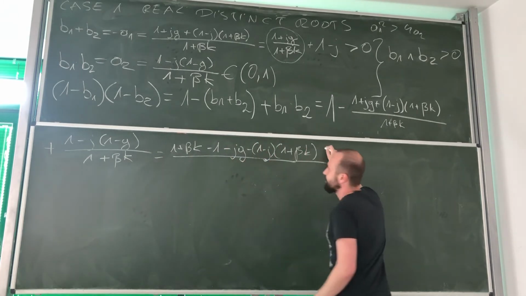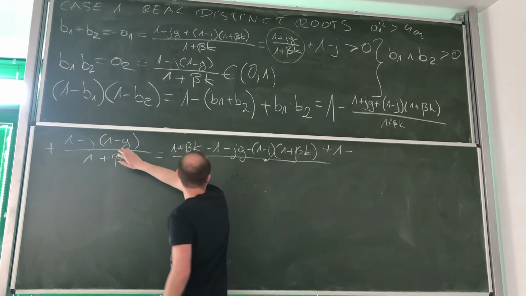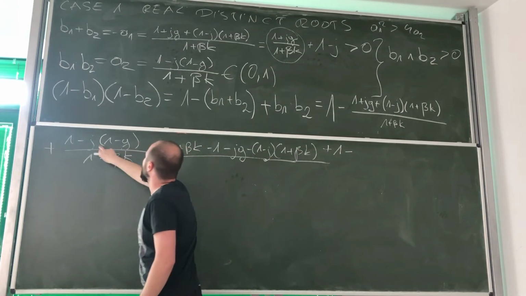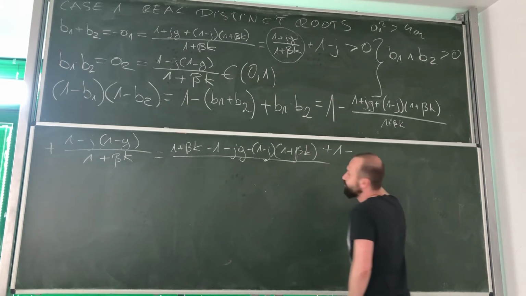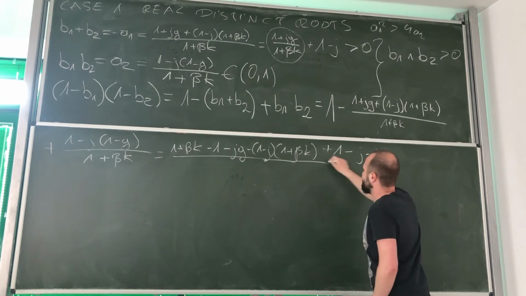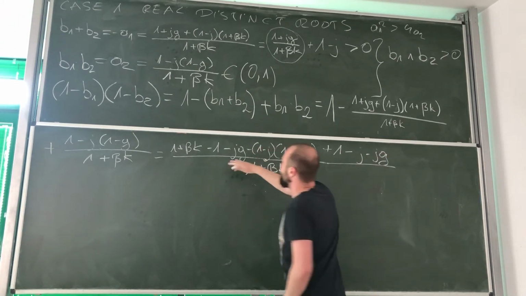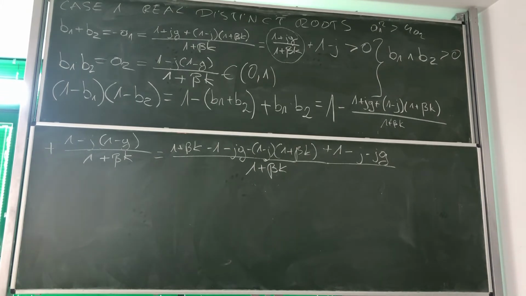And plus (1 minus j) times (1 minus g), I'm already going to multiply this thing out, so we've got minus j minus jg, and this is all below 1 plus beta k.